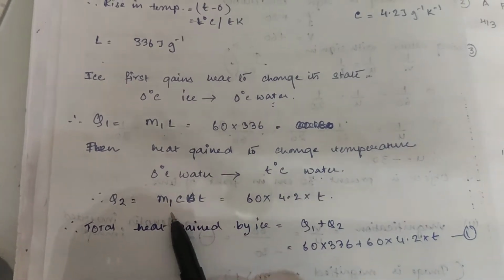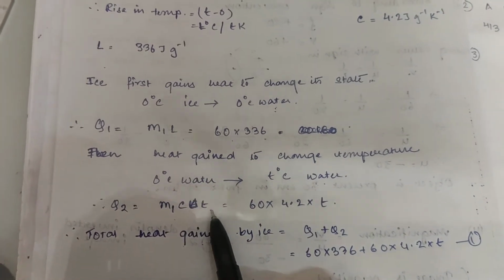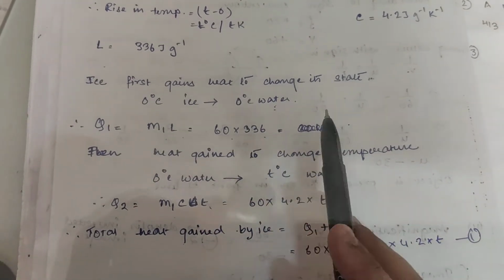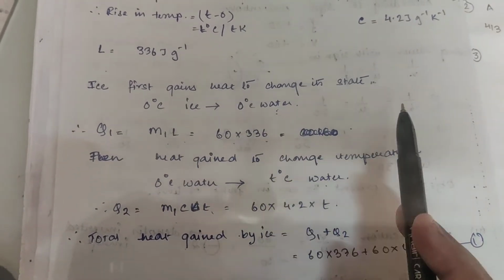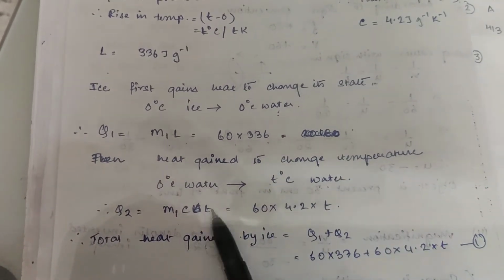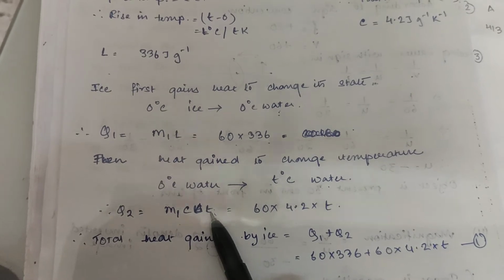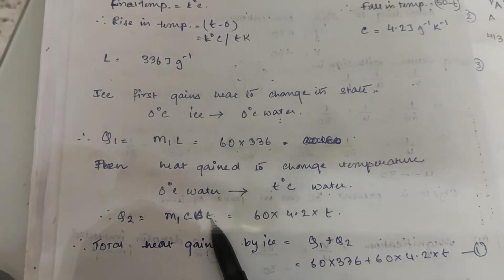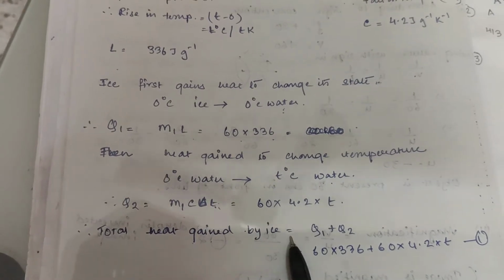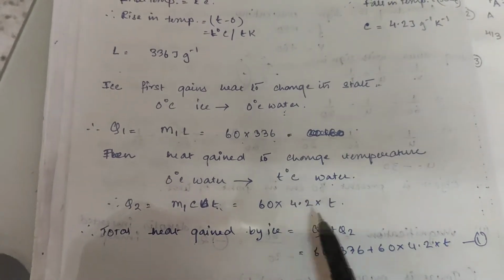So M1C delta T, that means 60 gram of ice first converts to 60 gram of water, then water at 0 degrees to water at T degrees. Delta T is the rise in temperature, so T minus 0. Total heat gained by the ice is this plus this, obviously.